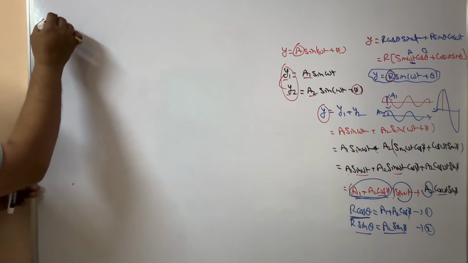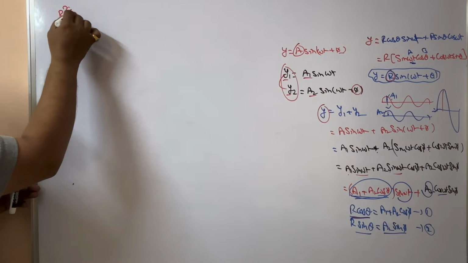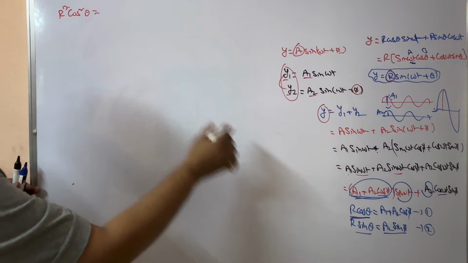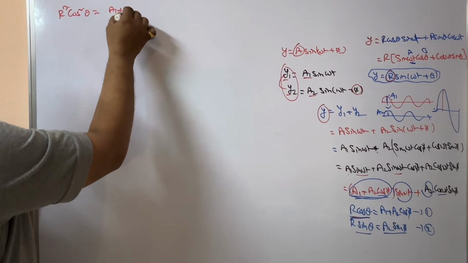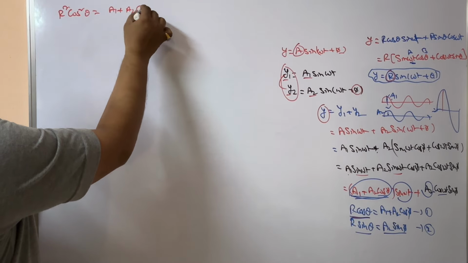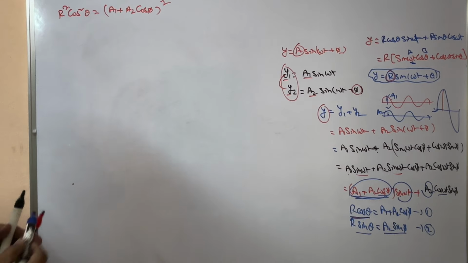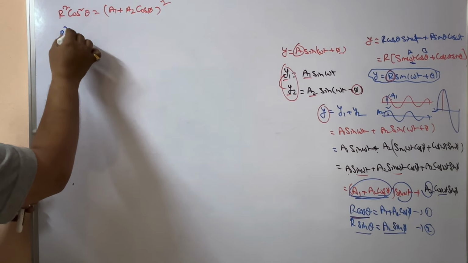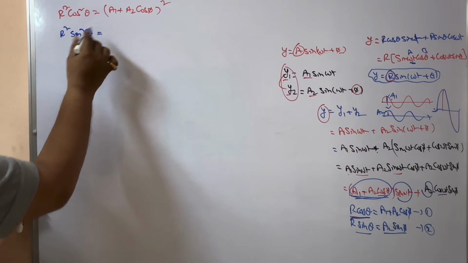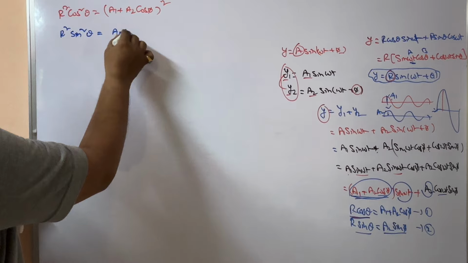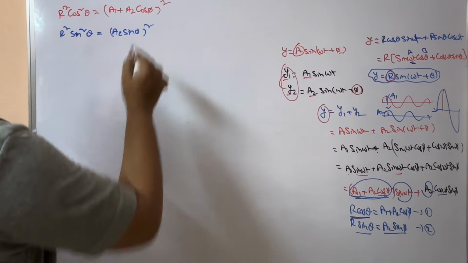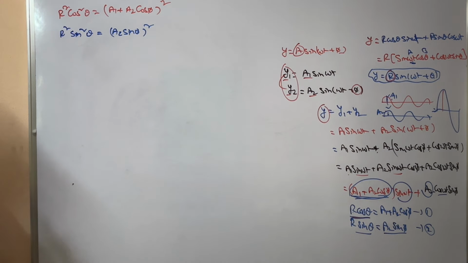Now see, from equation 1, R square cos square theta equals A1 plus A2 cos phi whole square. Like that, R square sin square theta equals A2 sin phi whole square. Correct?